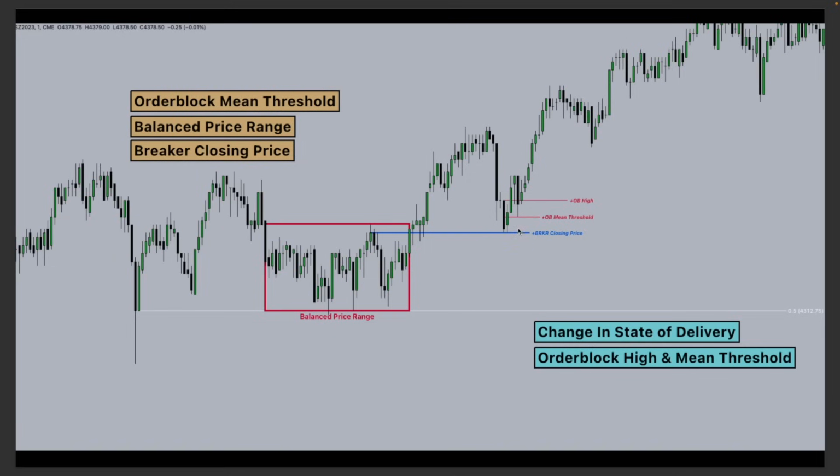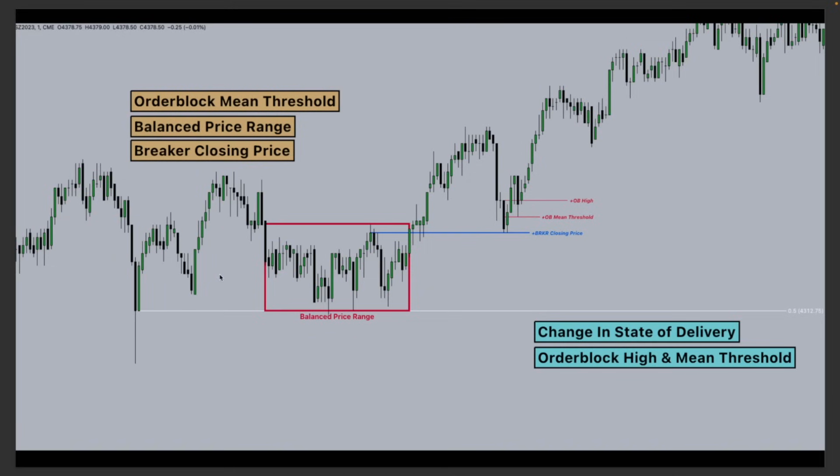By extension, it shouldn't need to break this low. Okay? So if you were to frame a trade here to go long, you could enter at the order block high, the order block mean threshold, right? Any of these volume imbalances, it's your preference. But it's about internalizing price, understanding order flow, spotting and identifying the algorithmic signatures.